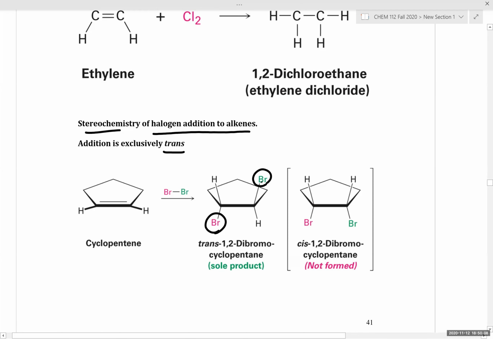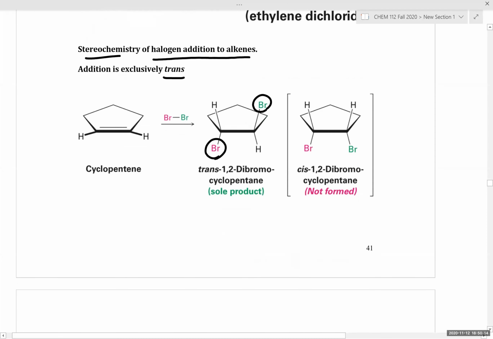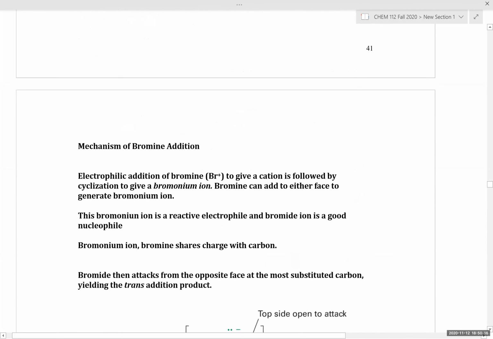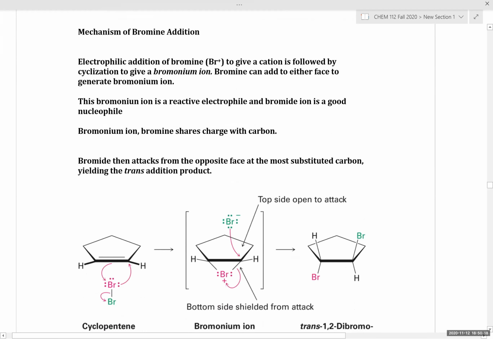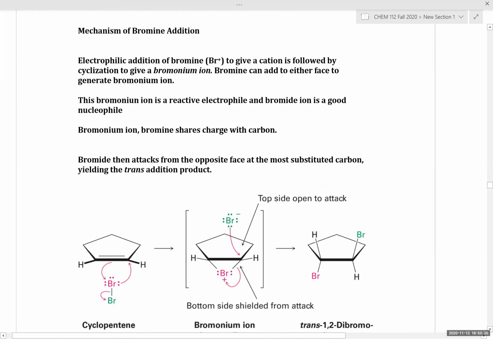Now the obvious question then becomes, why are we observing this stereochemistry? And that really stems from the mechanism of bromine addition. So the first step in our mechanism is electrophilic addition of bromine in order to yield a bromonium ion.